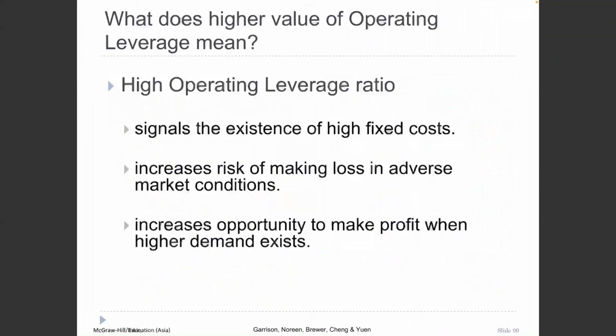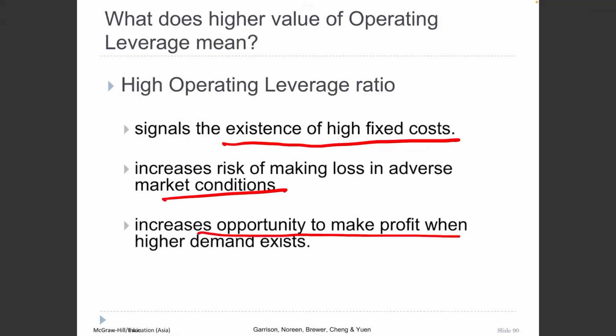So what does a higher value of operating leverage mean? It signals the existence of high fixed cost. It increases the risk of making a loss in adverse market conditions, and also increases the opportunity to make profit when demand is higher. So we do not want our operating leverage to be too high or too low.